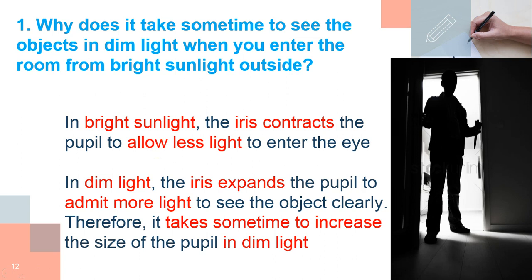So in dim light, the iris expands the pupil to admit more light to see objects clearly. Therefore, the iris takes some time to increase the size of the pupil in a dim room. It may appear dark in our room, and we cannot see any object in the room.